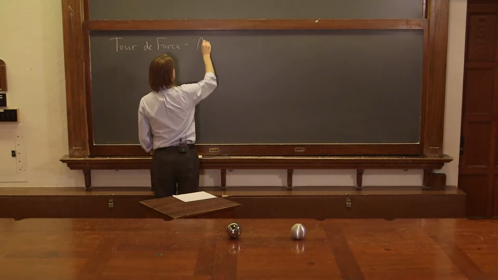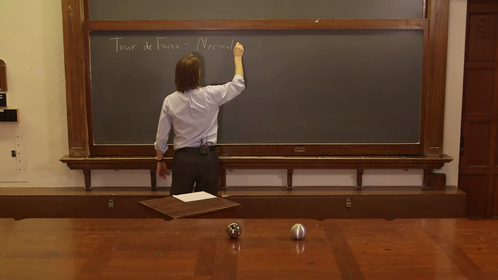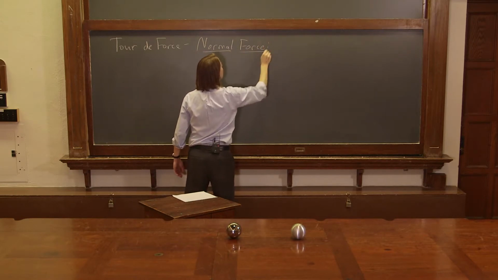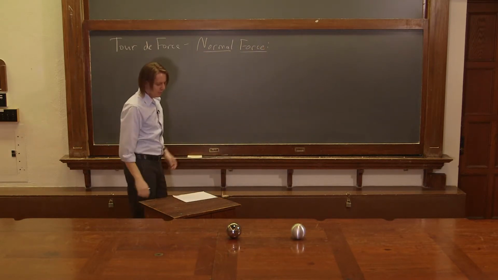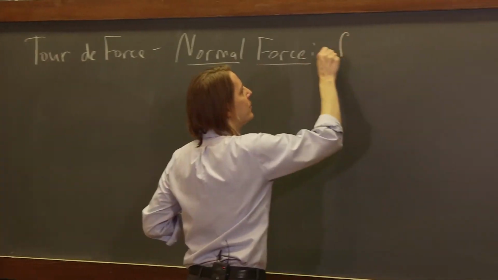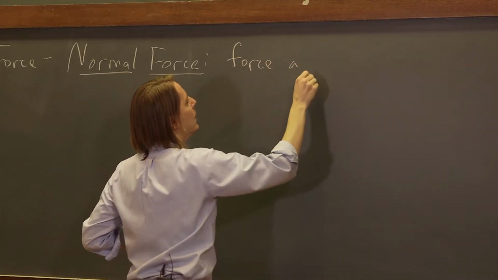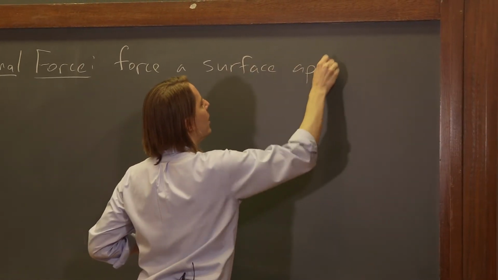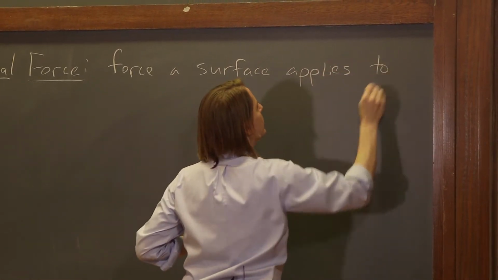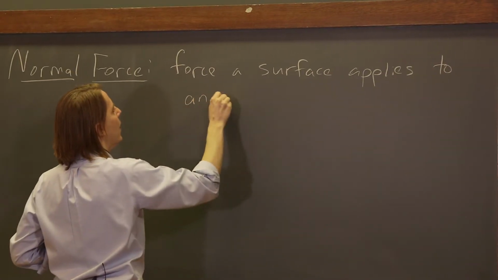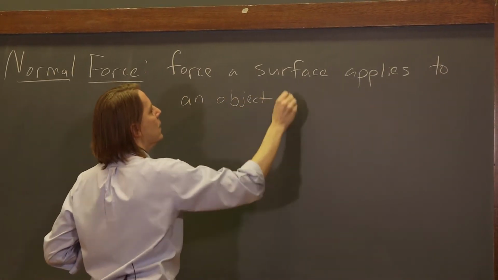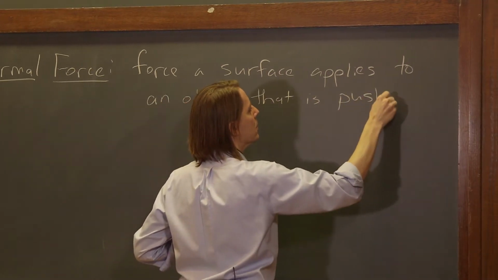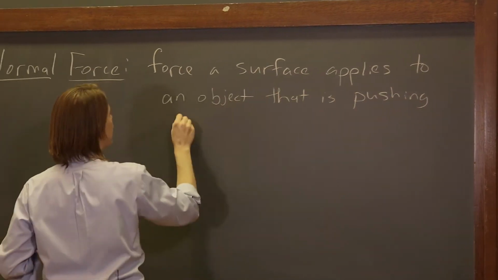Next up is the normal force. So let me give you a quick definition of the normal force. It's the force a surface applies to an object that is pushing against it.